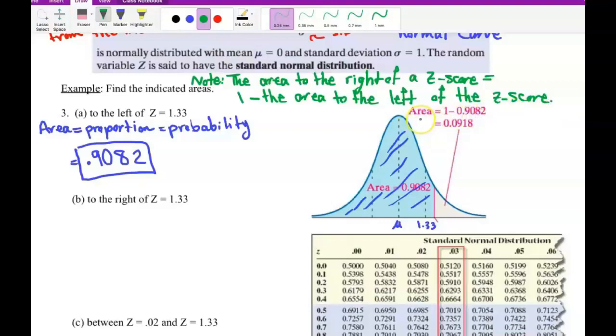Exactly the same thing on this part. The area to the right is equal to 1 minus what we have on the left, which was from part A. The area to the left was 0.9082. So the answer is 0.0918.